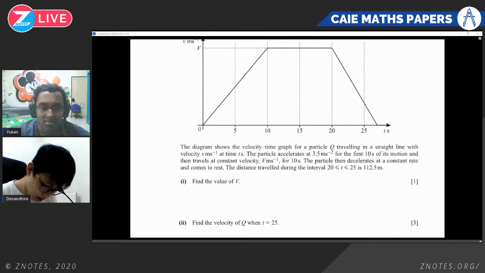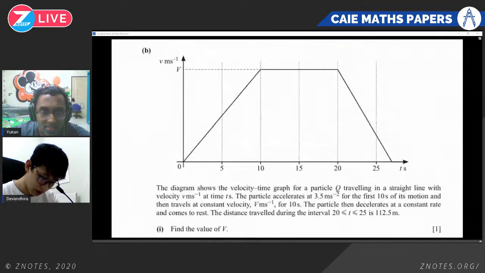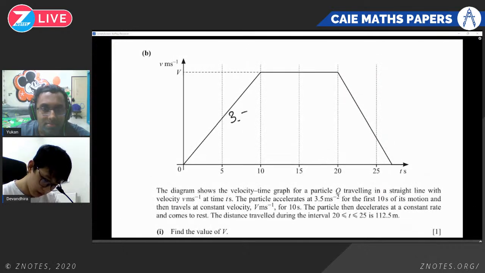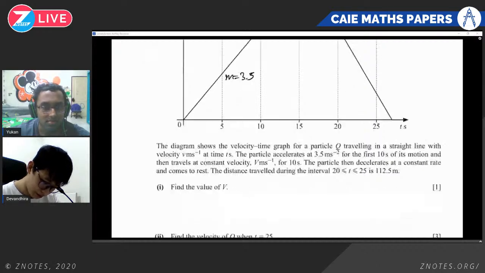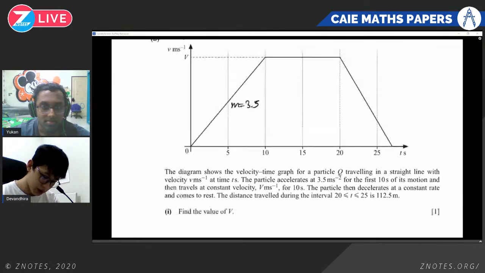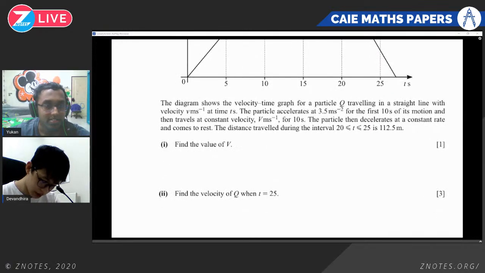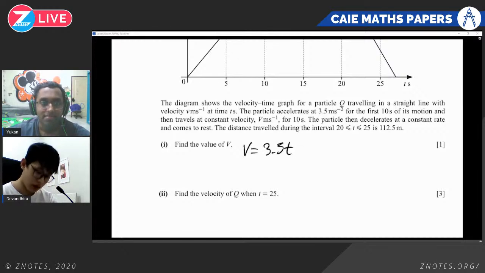Sure. So let's take a look at the question again. The particle accelerates at 3.5. That means the gradient of this line is 3.5, correct? So m is 3.5. And because it passes through the origin, our equation would be v is equal to 3.5t, correct?